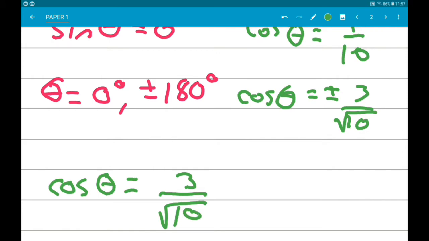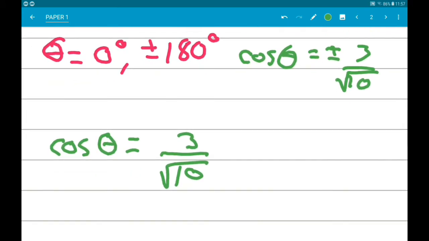Okay, now if we inverse cos that, we get theta is 18.4 degrees. Now, remember that cos is symmetrical through the y-axis. So there's also going to be a negative 18.4 degrees.